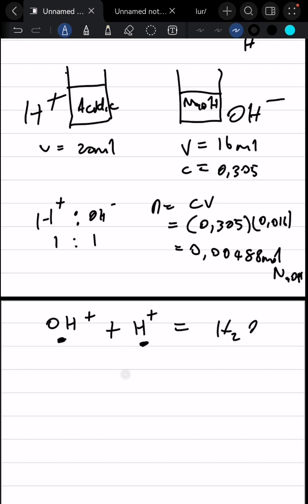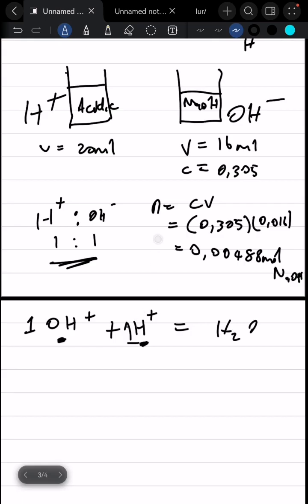Neither is more than the other, because they completely neutralized each other. Exactly 1 mole of hydronium ions reacts with exactly 1 mole of hydroxide ions. That's why their ratio is 1:1.